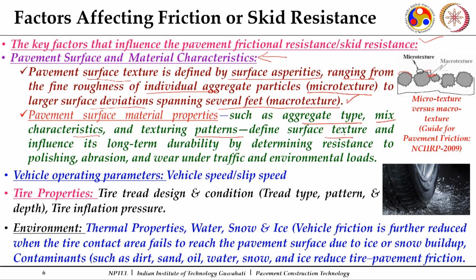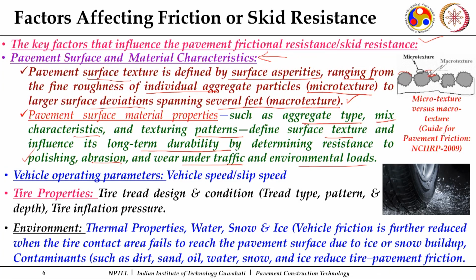So, define surface texture and influence its long term durability by determining resistance to polishing, because aggregate should not get polished, abrasion and wear under traffic and environmental conditions, and how this surface texture gets affected in the presence of different environmental factors also. So, you have two important factors which are related to the pavement surface, the road surface, which is the surface characteristics and the material characteristics.